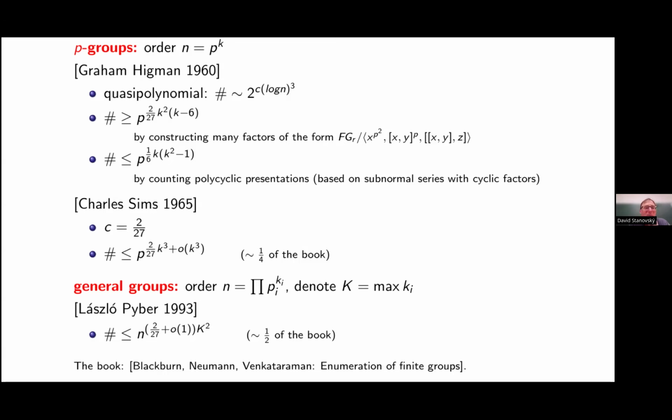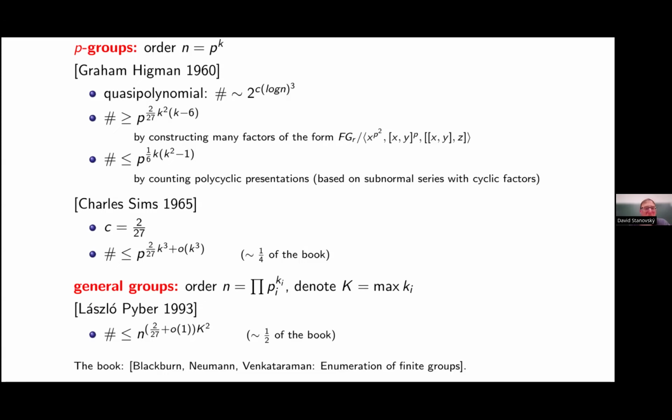The work of Graham Higman was followed by Charles Sims, and he was able to obtain a tight upper bound in the sense of the constant. It turns out that this ad hoc constant 2 over 27 that Higman got as a result of optimization of parameters in his construction is also an upper bound.